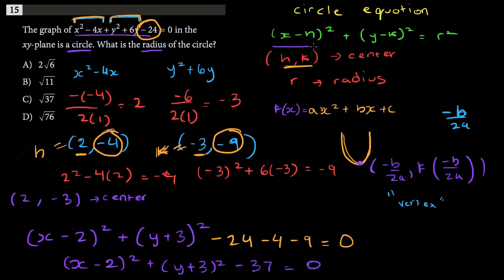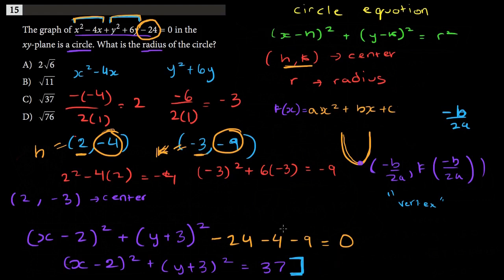Notice how there are no constant terms on the left hand side in this equation, and so we want the same thing. We're going to add 37 to both sides of this equation, and so that's going to equal 37. So this is our circle equation. This is our final. We have successfully reached the circle equation form.